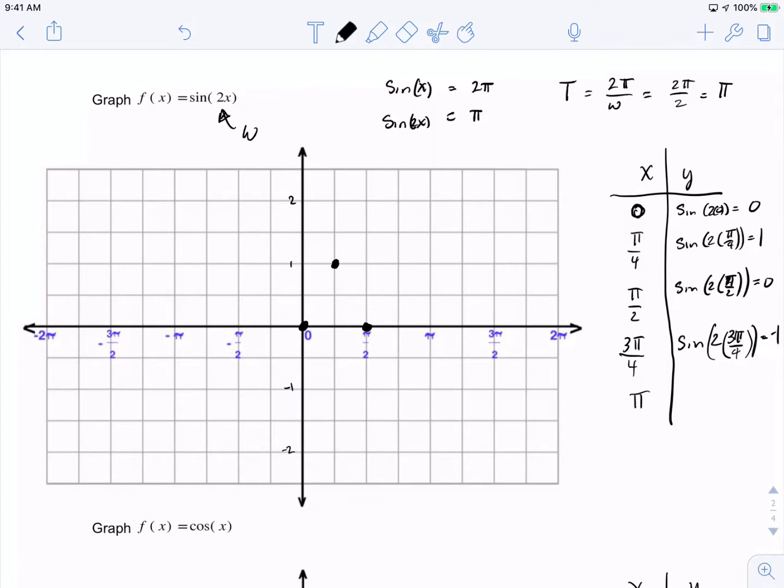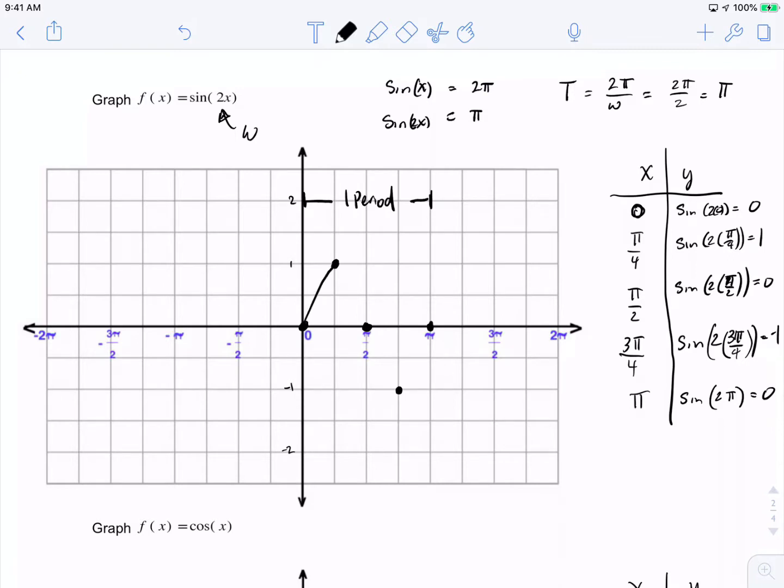So that's going to be a -1. And then sine of pi, if we put pi in, it's going to be sine of 2 times pi, and sine of 2 pi is 0. So now we see that the period here is from here to here. That's going to be 1 period.